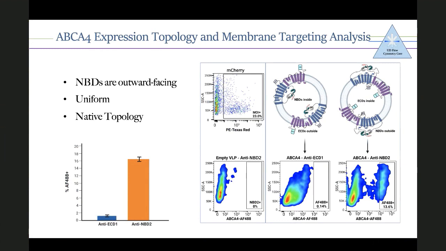They clearly show that the MBD2-specific antibody staining showed the ABCA4-positive cells, versus the ECD1 detection, which was statistically insignificant, indicating nonspecific binding. This tells us that the MBDs are outward facing on the cell surface membrane. So that was our conclusion.